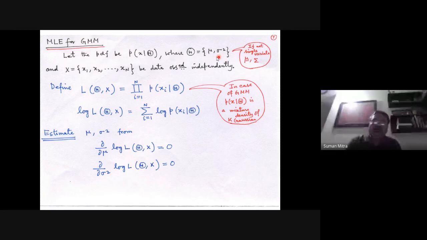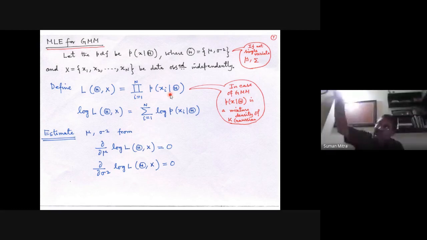So what is my PDF? We all know the PDF is 1 by root over 2 pi sigma, e to the power minus half, x minus mu by sigma, whole square. And we give you the data x1, x2, up to xn, all observed and independent. Then we take the likelihood as the product of all the Gaussians with xi as input, p of xi given theta.